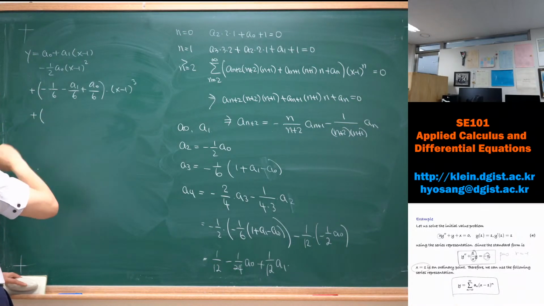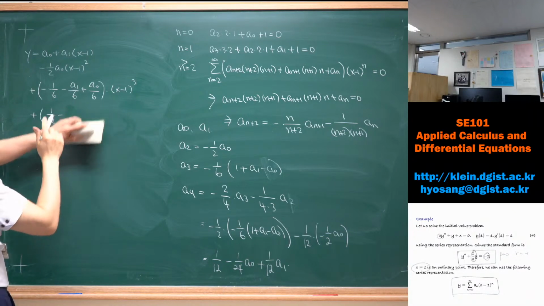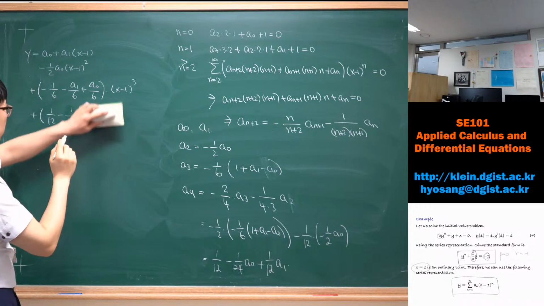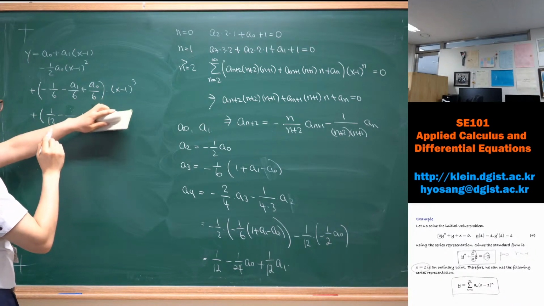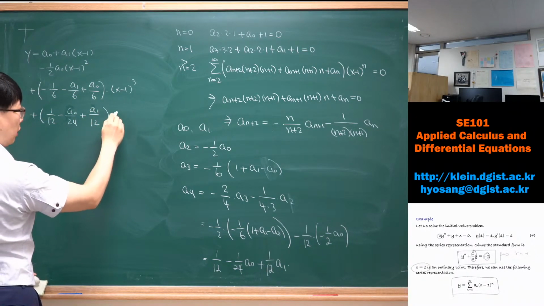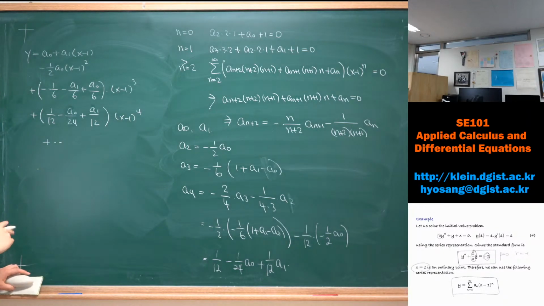And then A4, which is 1 over 12 minus 1 over 24 plus 1 over 12, A0, A1, x minus 1 to the fourth, and so on.